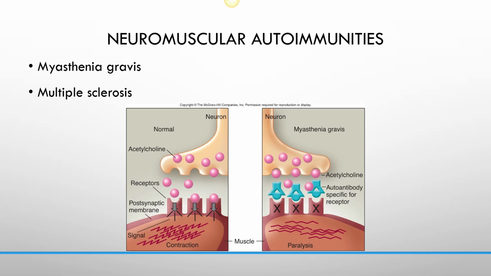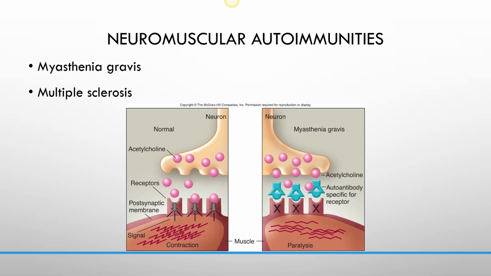Myasthenia gravis affects the acetylcholine receptors. So there's autoantibodies that block the receptors for acetylcholine. Acetylcholine is supposed to stimulate the muscle contraction, but if it's blocked, then you have paralysis of the muscles. And multiple sclerosis affects the oligodendrocytes of the brain, so it decreases synaptic transmission by deteriorating the oligodendrocytes.